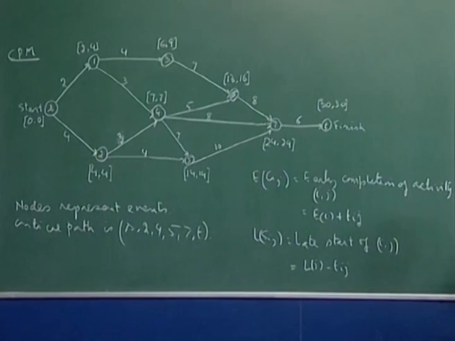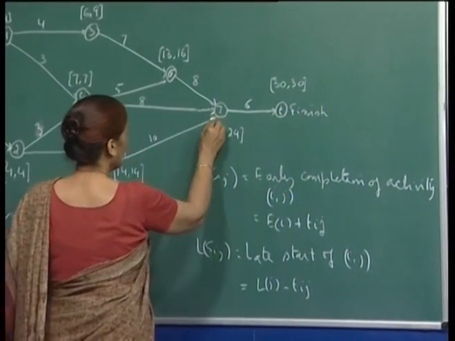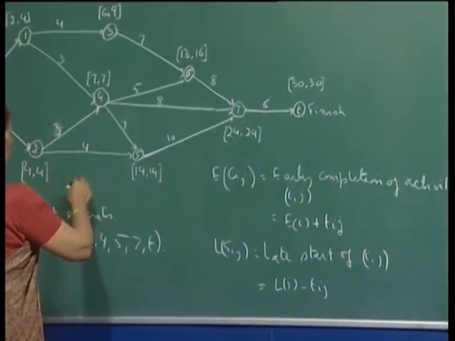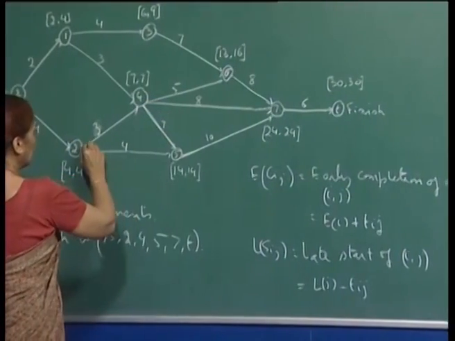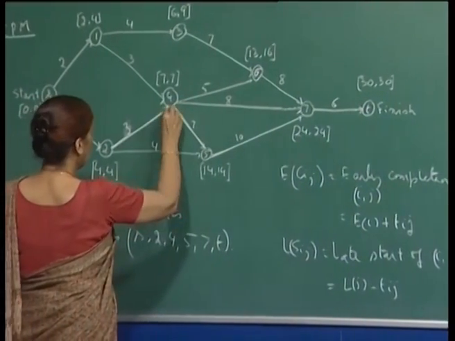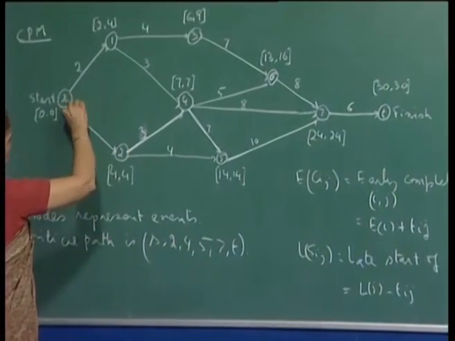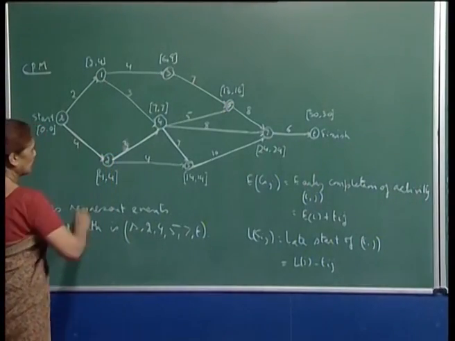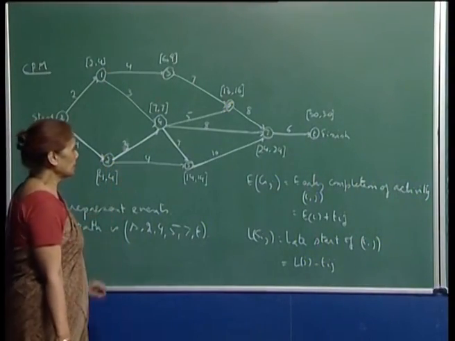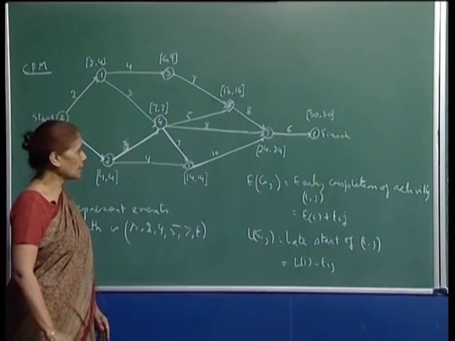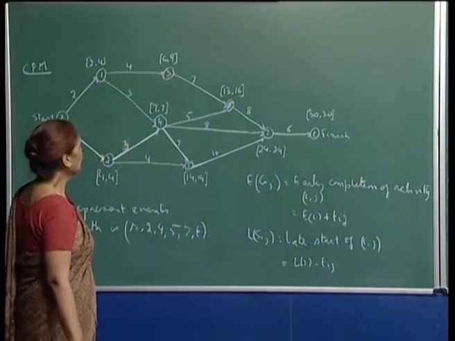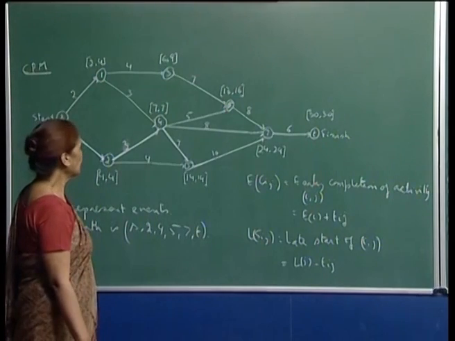So, your critical path came out to be 4, 5, this is 2, 7, because each of them has the same early start and late start. So, this was your critical path. I showed you this calculation. Of course, the network I have chosen is a little different from what we had last time.